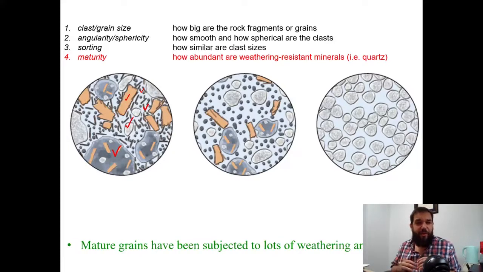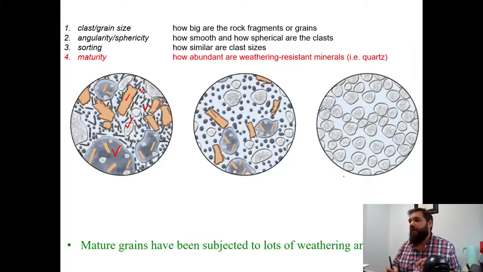It's got all sorts of junk in it. And that means that it has not experienced very much weathering and transport. Because during transport, all that olivine and halite and calcite and other garbage just gets eroded away and weathered away and breaks down and it's gone.